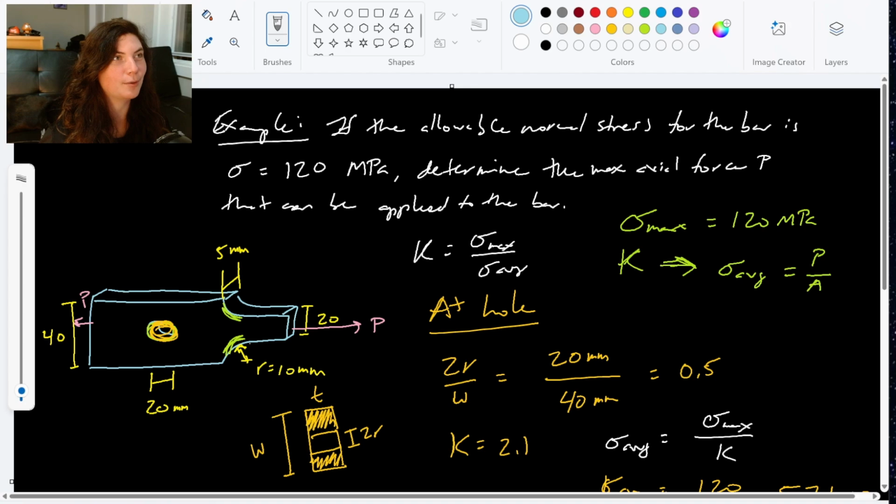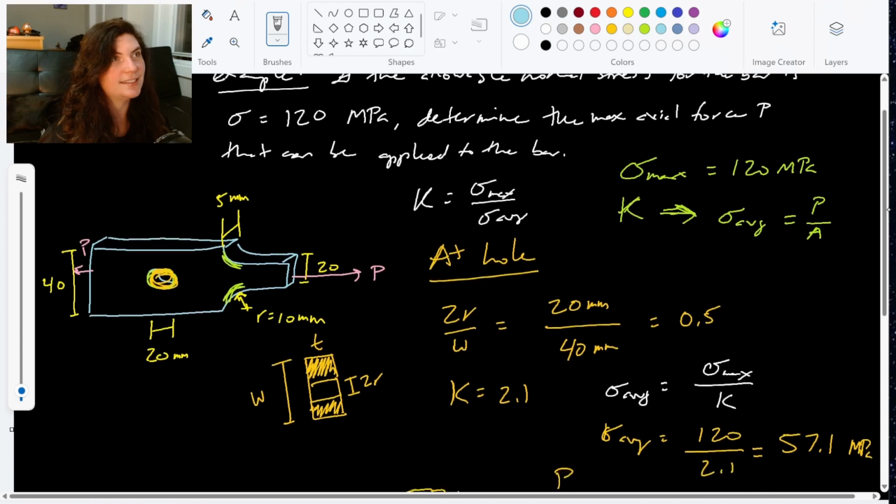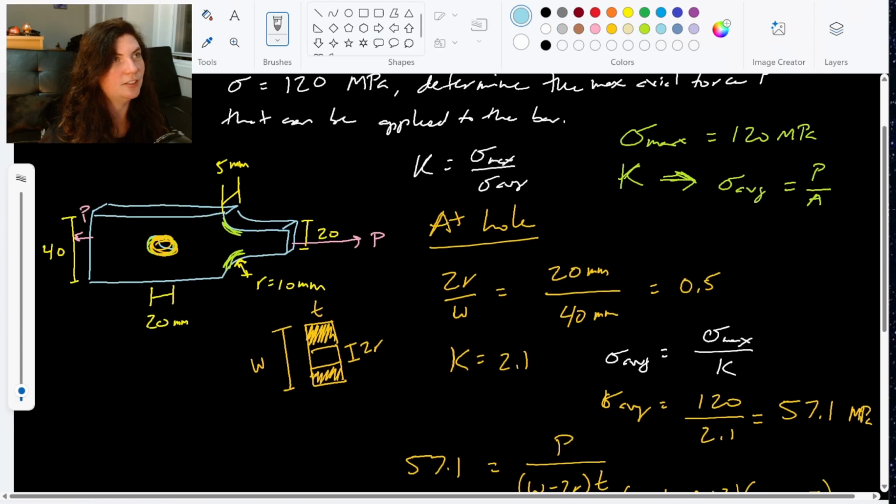That's what I would call it if we were using SolidWorks. So we'll just call it at fillet. It's this rounded edge here that has a radius. This is an arc fillet with a radius of 10 millimeters. That's what's going on here.